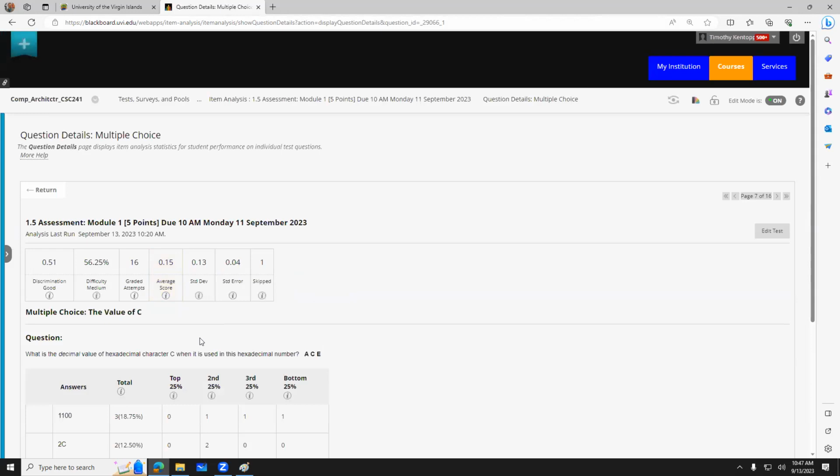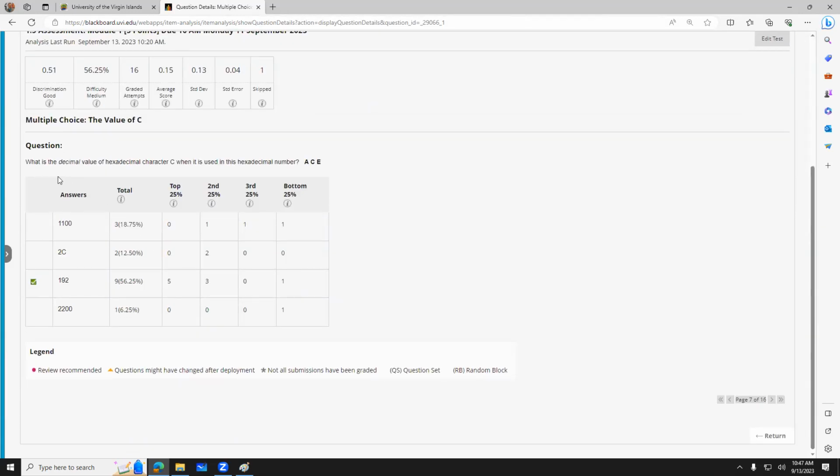The value of C, multiple choice, says what is the decimal value of hexadecimal character C when it is used in this hexadecimal number? Well, when I'm using C in that hexadecimal number, I'm multiplying that decimal value by what factor?